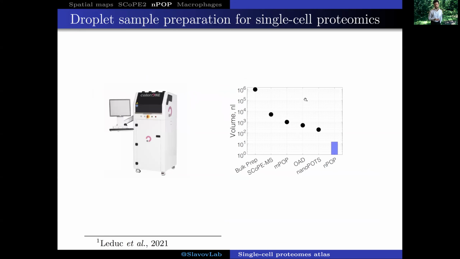Recently, we have also developed new methods for sample preparation, such as a droplet-based method that allows us to do the sample prep in just a few nanoliters, here shown on the left.